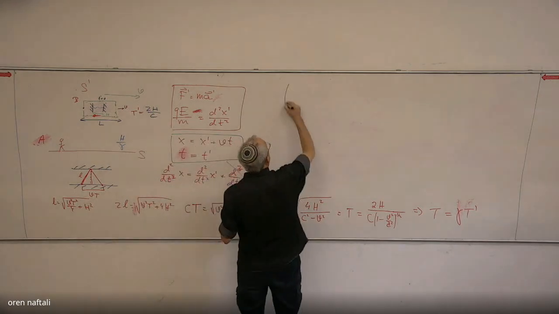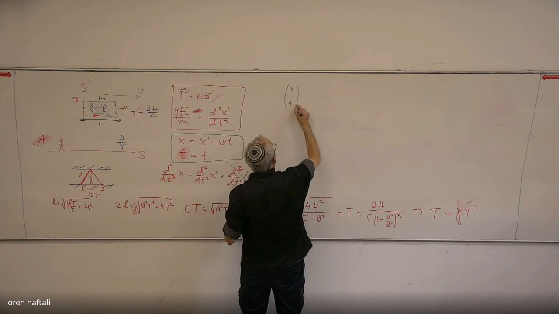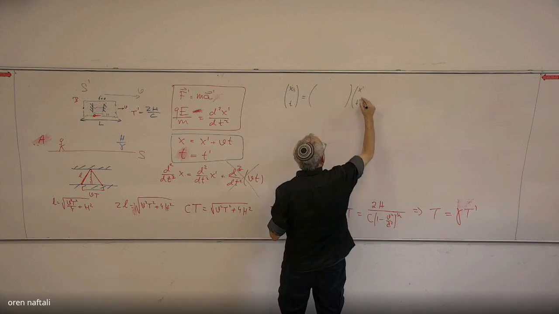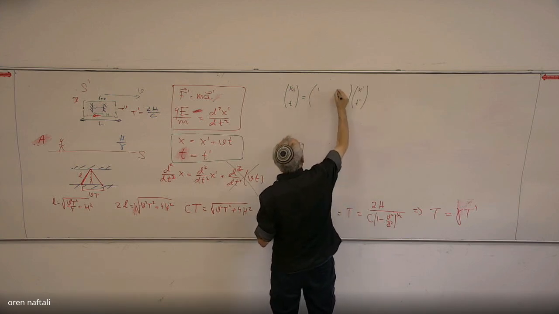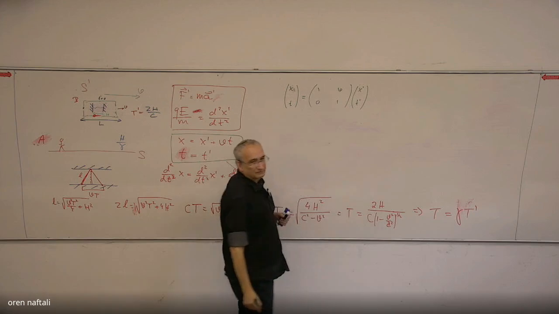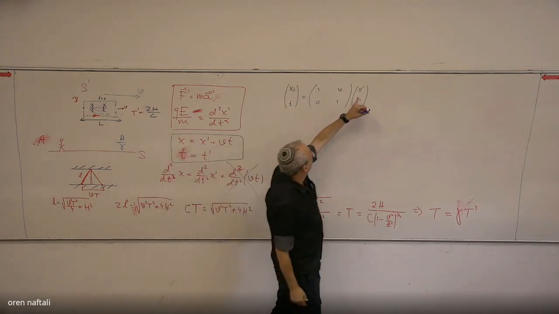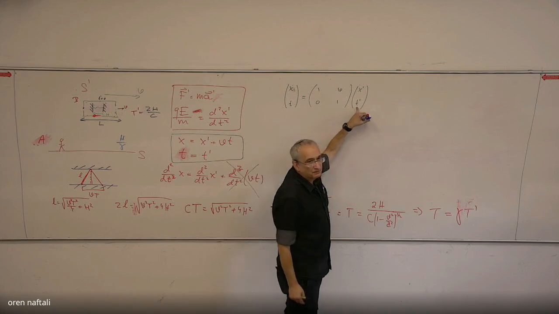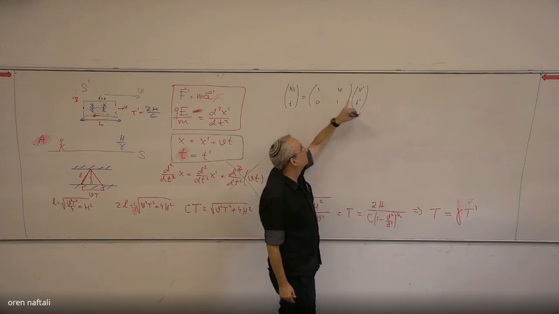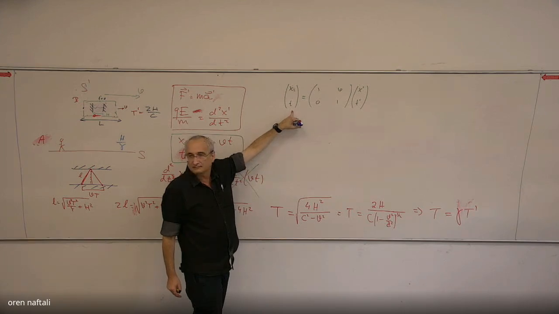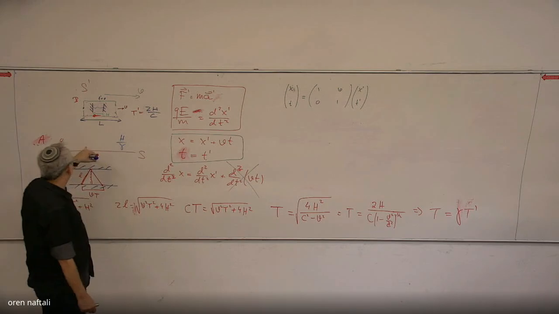So this is the Galilean transformation. The Galilean transformation is (x, t) equals the matrix (1, v; 0, 1) times (x prime, t prime). That tells me if an event happens at x prime and t prime in the prime system, what will be x and t in the S. Now, what happens if an event happens at x, t here?